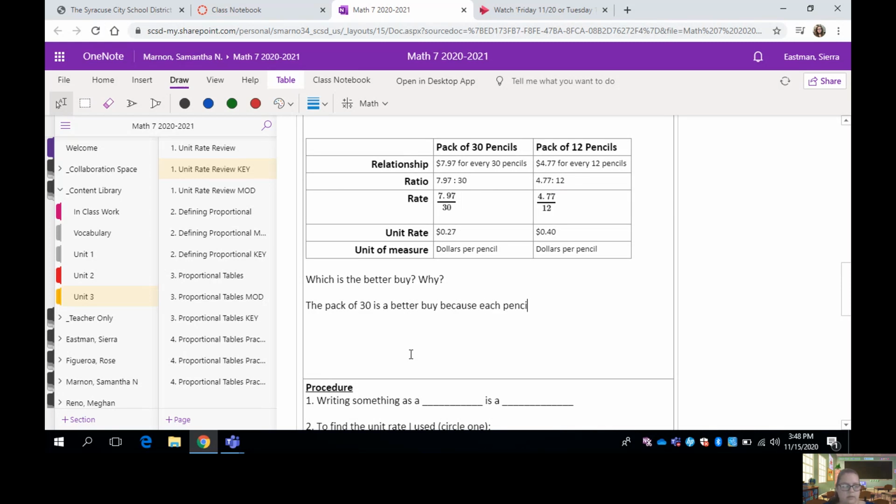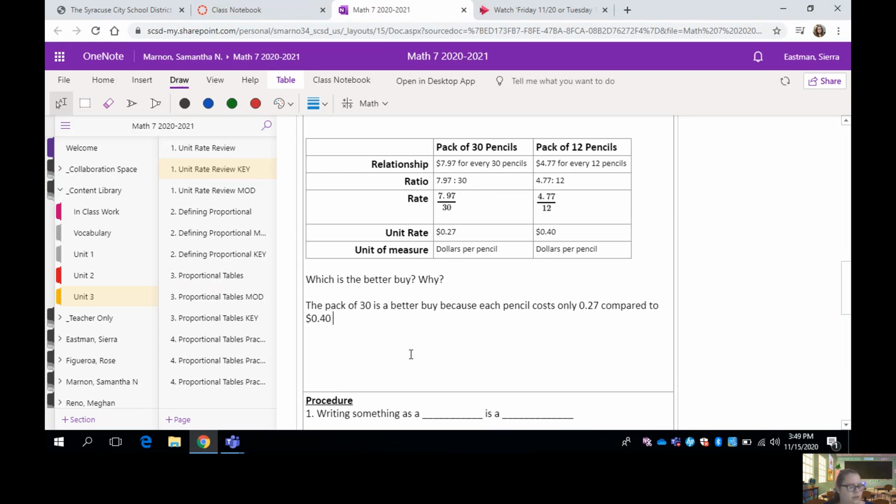Each pencil costs only $0.27, whoops, sorry, 0.27, compared to the 40 cents, the 12 pack. And I should have added my dollar sign here as well.